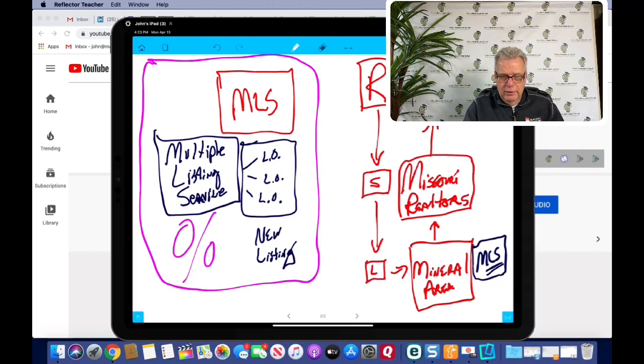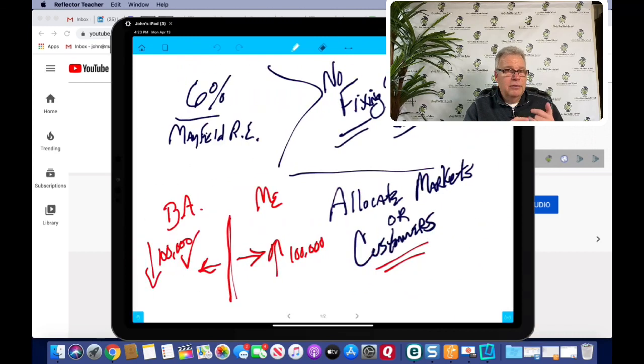So not only can you not price fix, because commissions are negotiable, you also can't allocate market areas or prices, you can't allocate customers, the type of clients or customers, and you can't keep people out of the MLS, the multiple listing service. It's all part of the Sherman Antitrust Act.